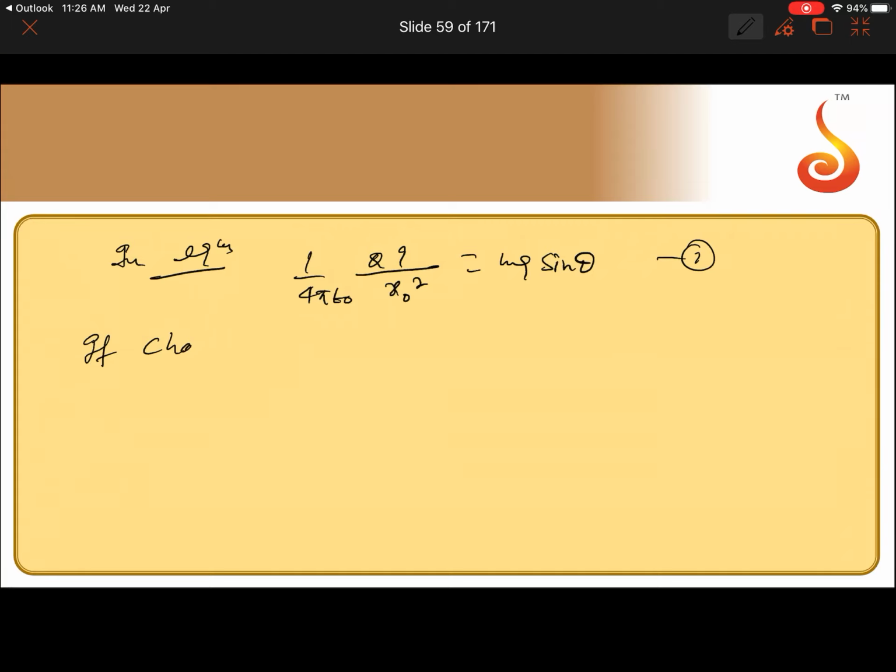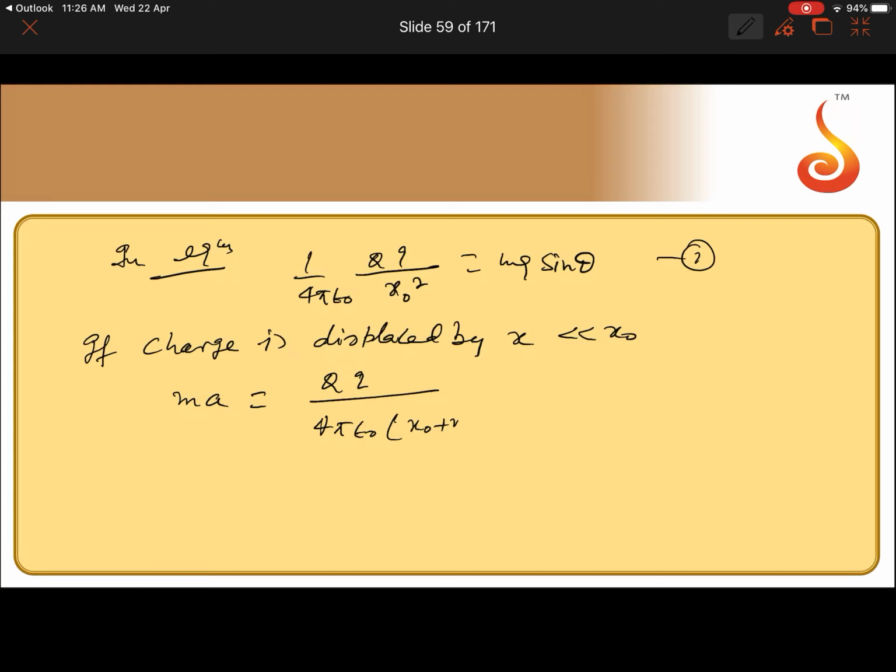If charge is displaced, so unbalanced force will start acting, and that force can be written as mass into acceleration. Force, electrical force will become minus mg sin theta.